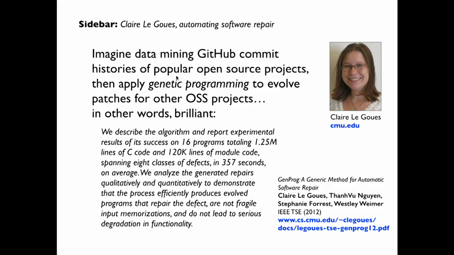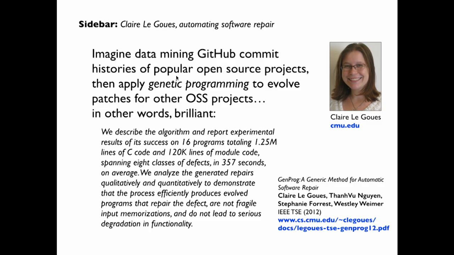Very interesting thing. Rolling the clock up to now, there's a researcher, Claire Le Goues, out of CMU, a professor there, who had a recent paper entitled GenProg, a genetic method for automatic software repair. And the big idea there was that Claire Le Goues and her team had taken the commit histories on GitHub for a lot of popular open source packages, taking a look at how they were fixing bugs or patching security problems.